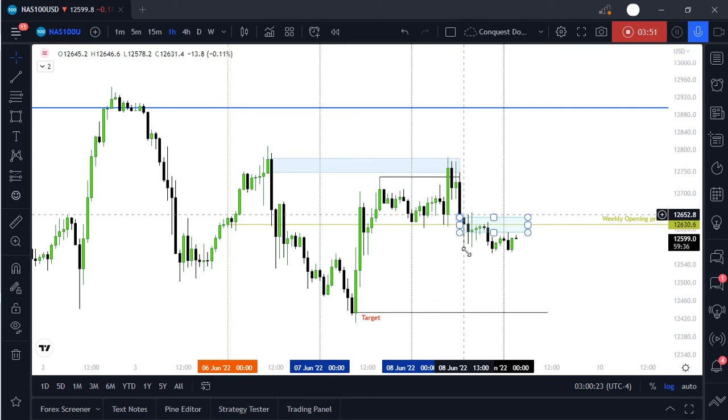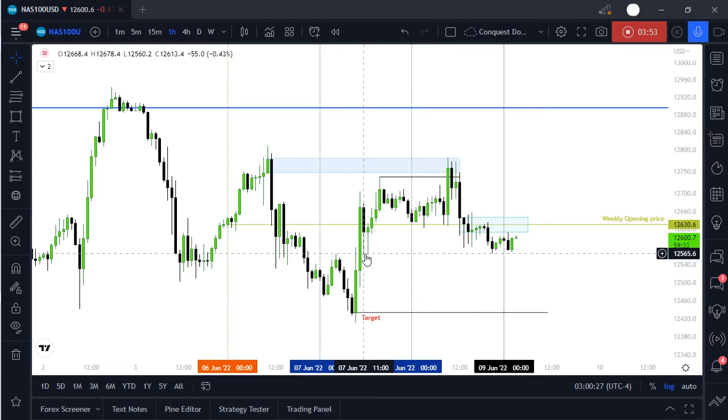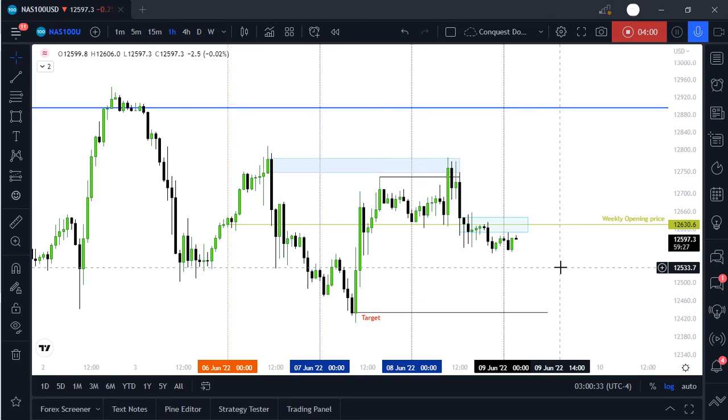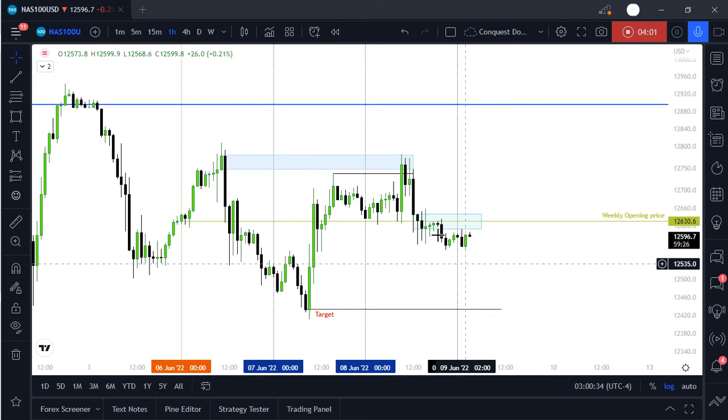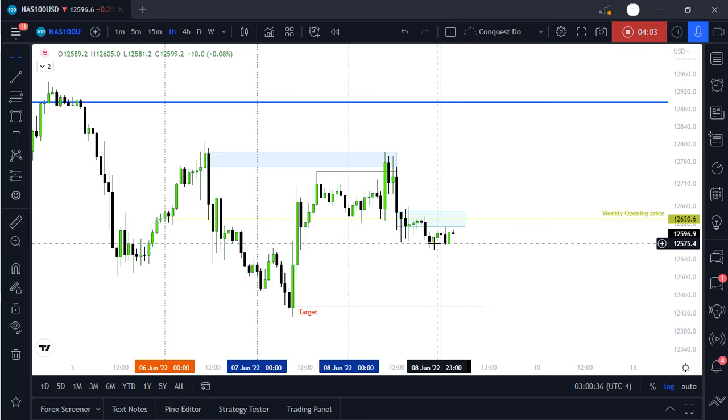So now I'm forecasting price to take out these equal lows right here at the 12,560 region, and my area of resistance that I'll be using is this area here where, from today's open, we have two consecutive up close candles, and if we go further to the left we can see these three consecutive up close candles that are at the weekly opening price region.